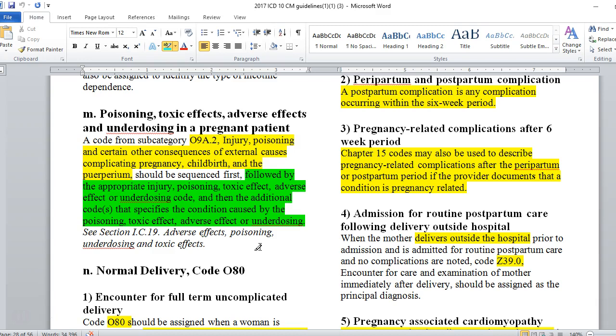So again, pregnancy code first, then what happened, and again, in sequence order, depending on whether it was an injury, a poisoning, a toxic effect, an adverse effect, or an underdosing. They all have slightly separate guidelines. So again, we need to know cause and effect.